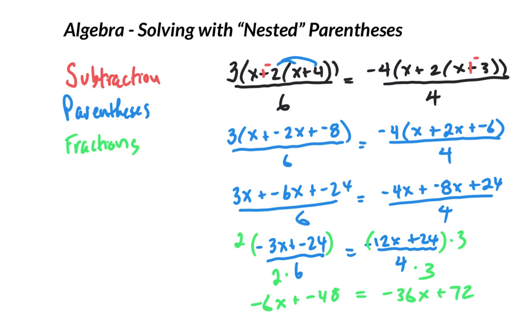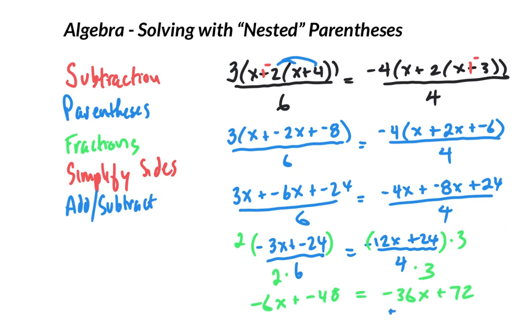Now, the next thing I would normally do is simplify the sides, but I've already done that. So you can see we should have no more than one thing with an x and one thing without an x on either side, and we already have that. So then I'm going to add or subtract things to get like terms on the same side.